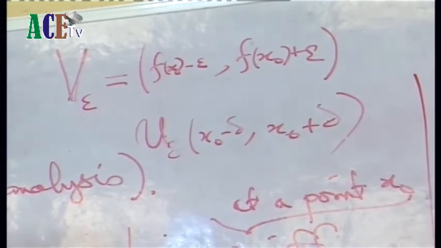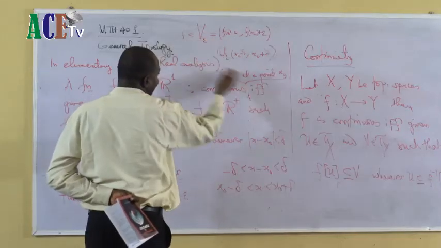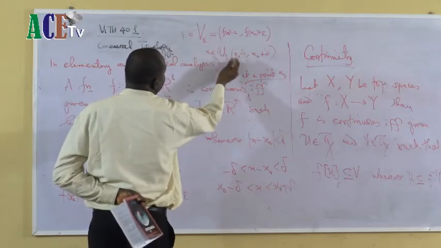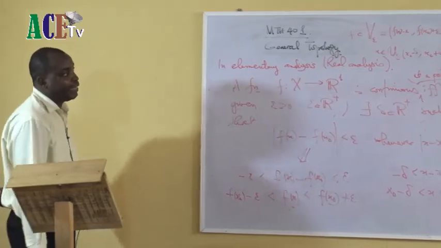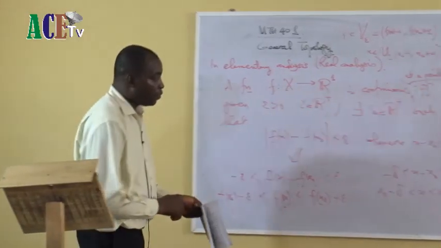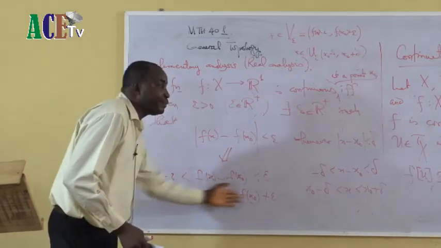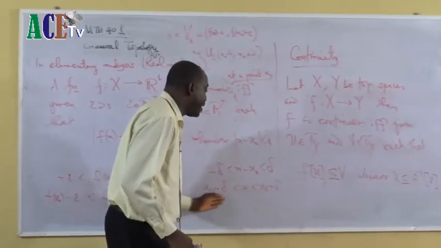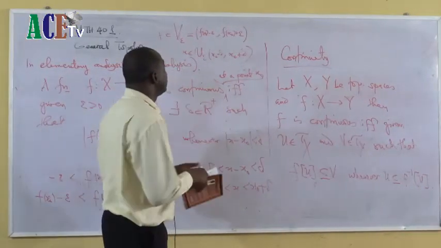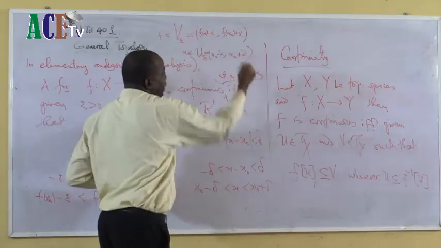So if you now look at this, you simply put that f lies here whenever x lies here, and we are there. Because x lies within this neighborhood, this here is the delta neighborhood of x.